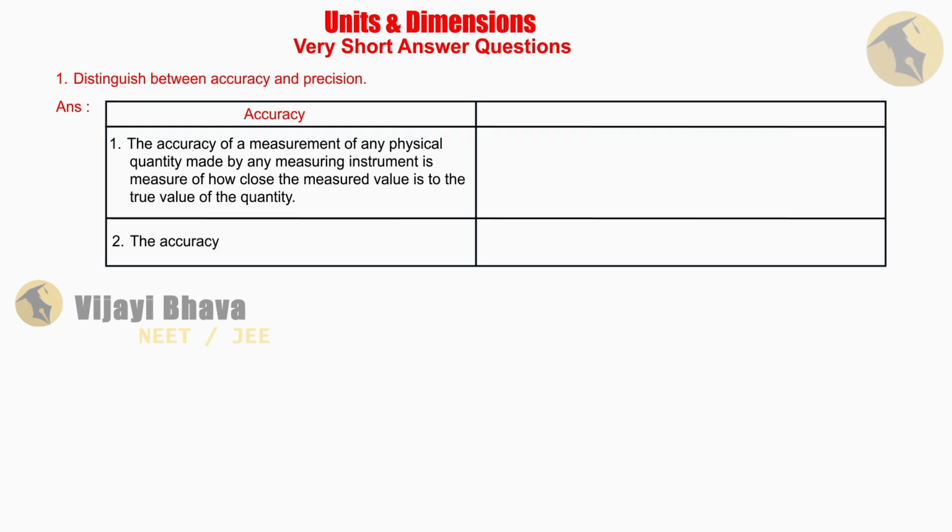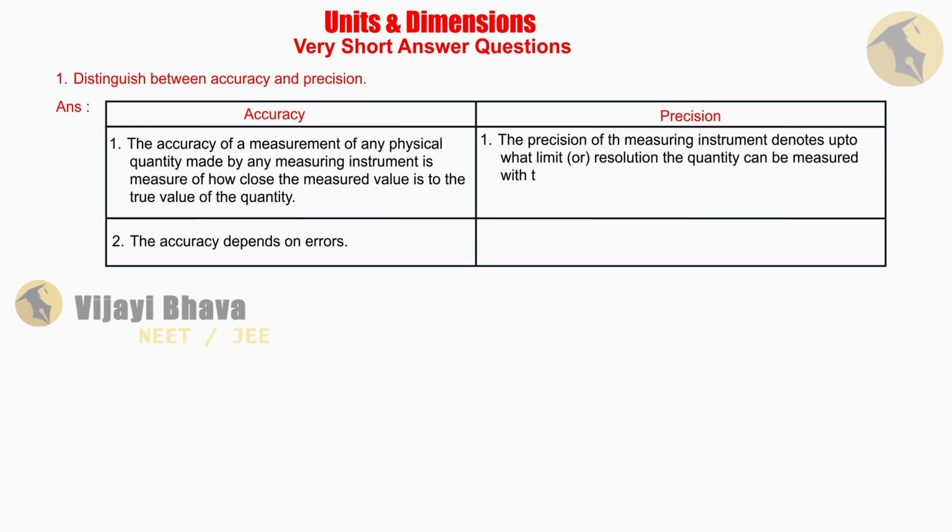The accuracy depends on errors. Coming to the precision of the measuring instrument, it denotes up to what limit or resolution the quantity can be measured with the given instrument. The precision does not depend on errors.